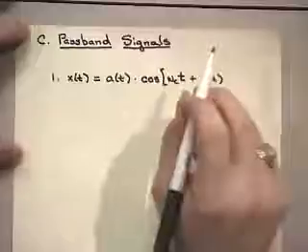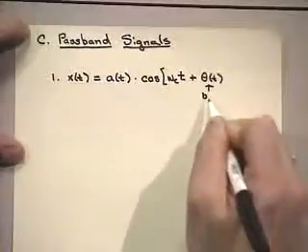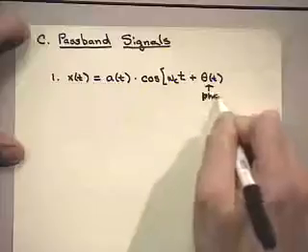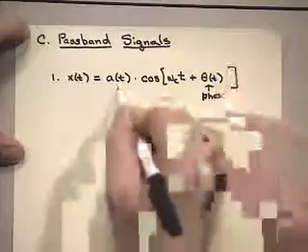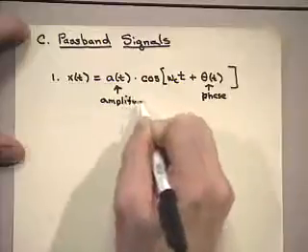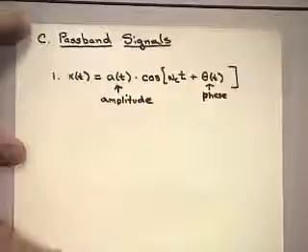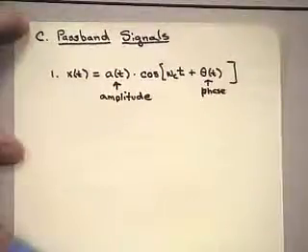That's a little different than phasor analysis, which you may have seen in your basic circuit classes. Call this the phase, and we'll call this the amplitude. Any signal that can be written in that form is called a passband signal. It's sometimes also called a carrier modulated waveform.